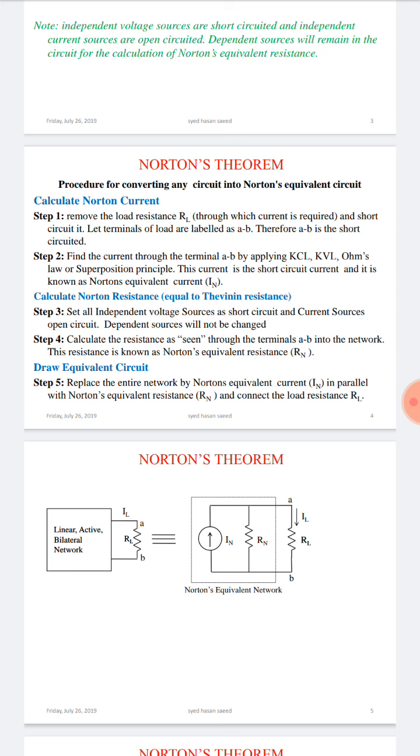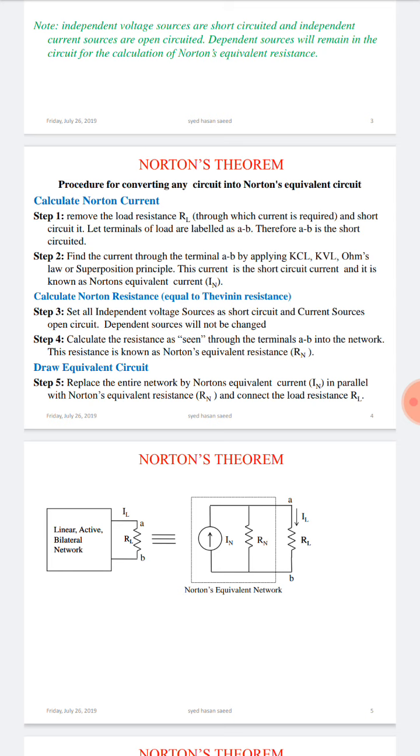The Norton current is calculated from the linear bilateral network where a number of voltage and current sources are present. The Norton resistance is calculated from the linear components present in the linear bilateral network. The load resistance is as it is present in the network.